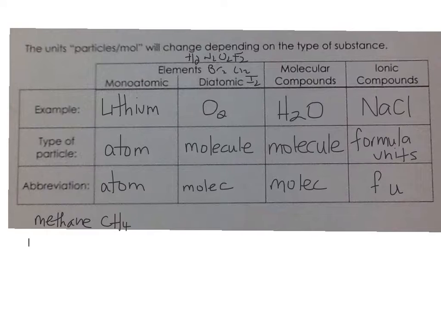So, Avogadro's number will be 6.02 times 10 to the 23rd molecules or molec of CH4 per 1 mole. That's Avogadro's number for methane. You don't have to write the 1 for the 1 mole, but it will come in useful later.